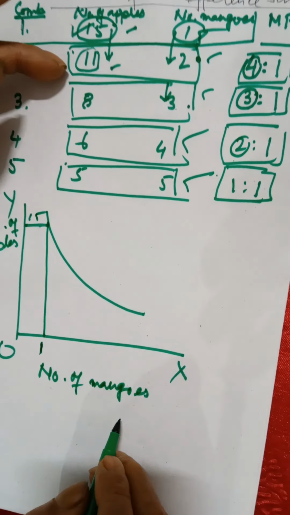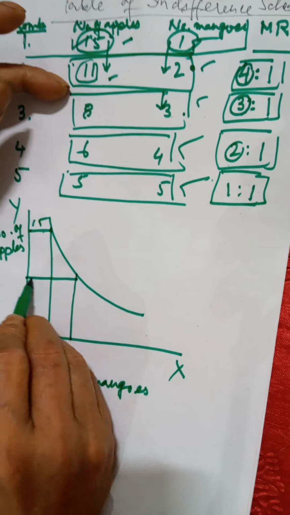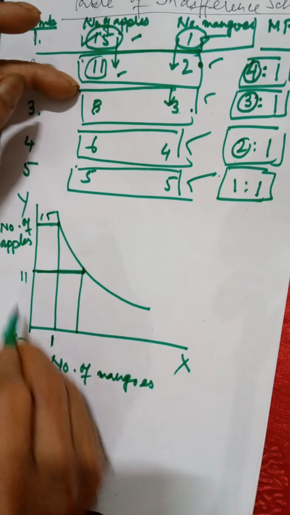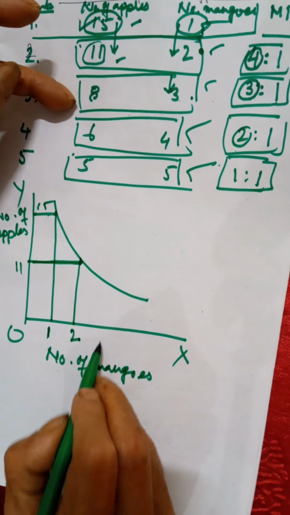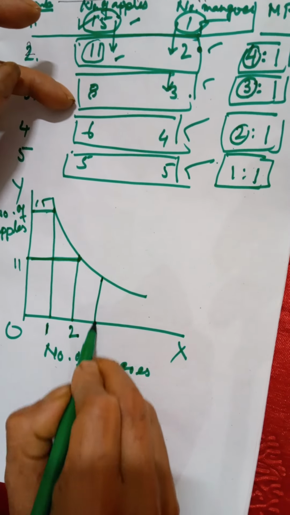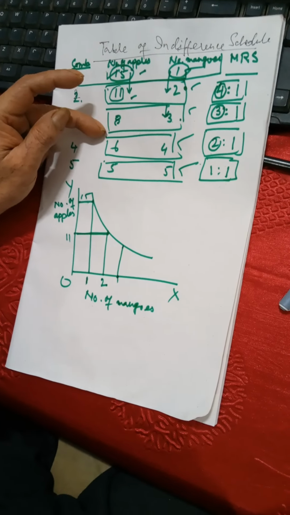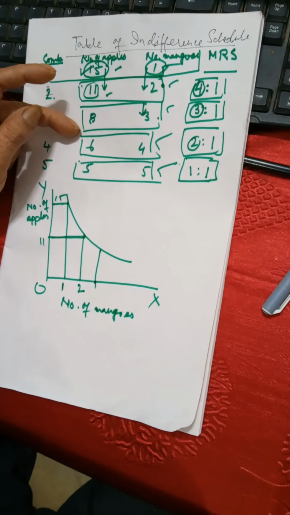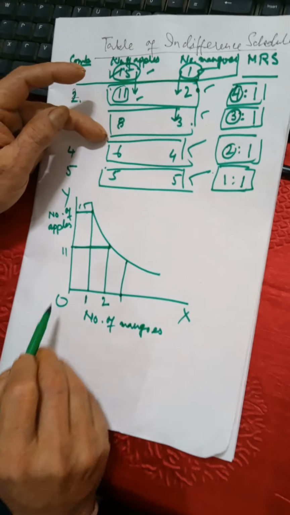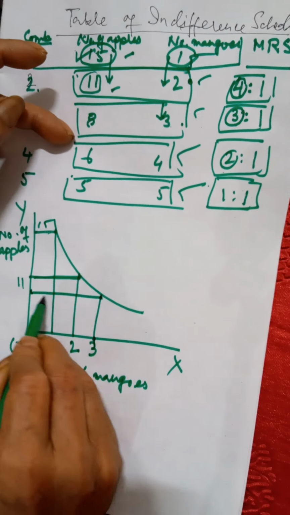The second combination is 11:2, so this is 11, this is 2, and the third one is 8:3, so this is 3 and this is 8.